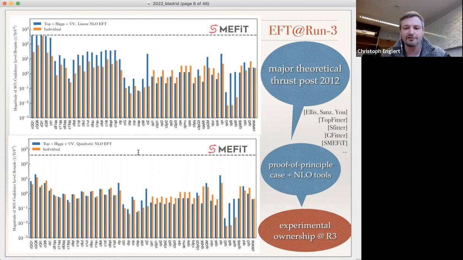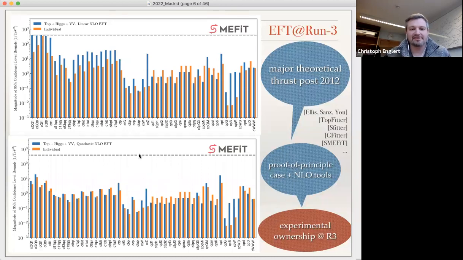And there's enough proof of principle, in my opinion, that the experimental ownership can now actually transition away from the theoretical community towards the experimental ones, especially because the tools are really there at a sufficient level.